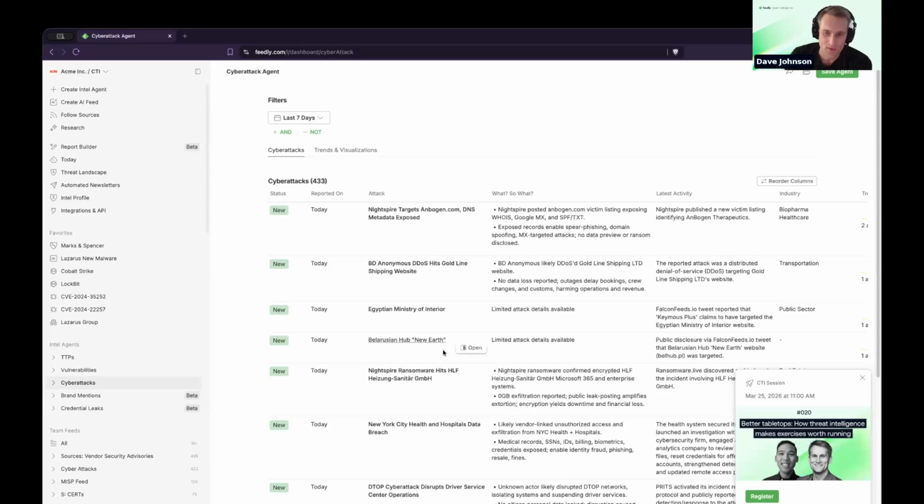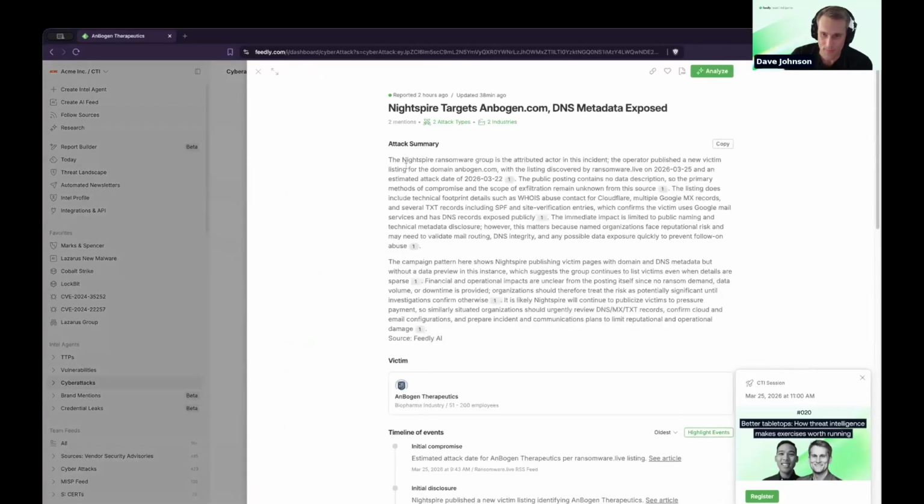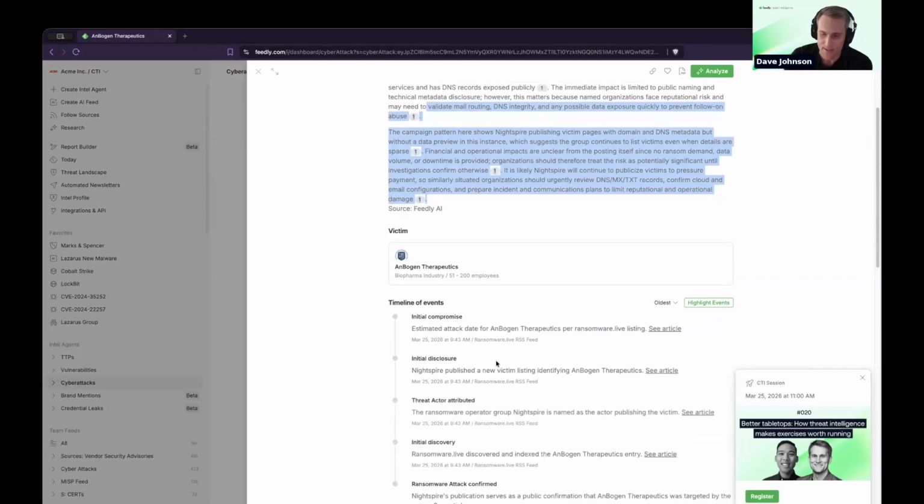They're updated tables that are structured to pull down any new attacks or any updates to existing attacks. We give you an overview of each one. You have a what and a so what, and you have a description of the attack. You can go into it and get the rundown with the timeline of what happened.